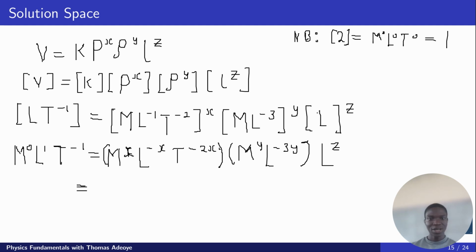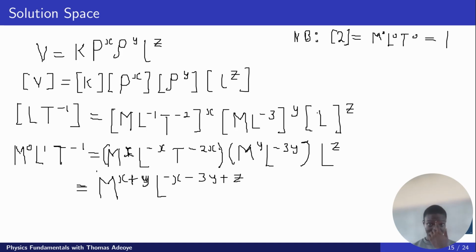Moving on, we have M raised to power x and M raised to power y, so we have M raised to power x plus y, and for L, we have L raised to power minus x minus 3y plus z.